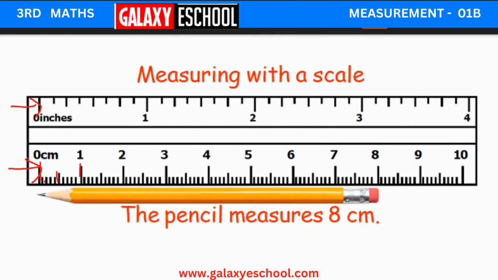We are having two types of markings, and if you read, here it reads as 0 centimeters and here it reads as 0 inches. Now we want to measure the length of the pencil in centimeters. So I am placing the pencil along the centimeter line. If you want to measure the length of something in inches, understood, in inches. Again, inches is also another way of measuring. Okay children, now see, if you want to measure in inches, then you have to place your pencil here.